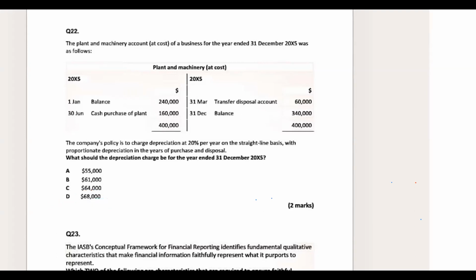And why? Maybe the question should be, why did you pick the balance carried down? Or the balance carried down?